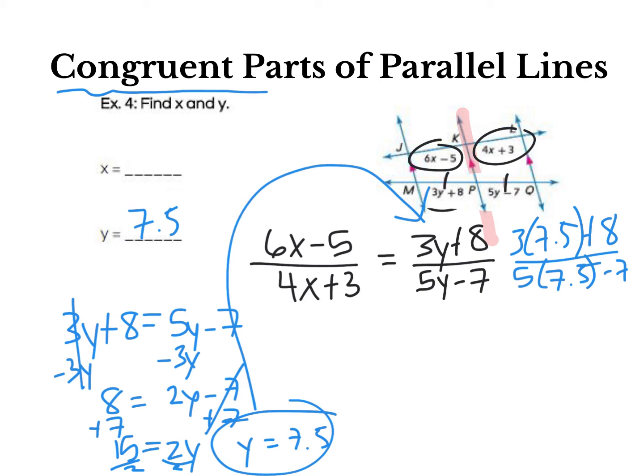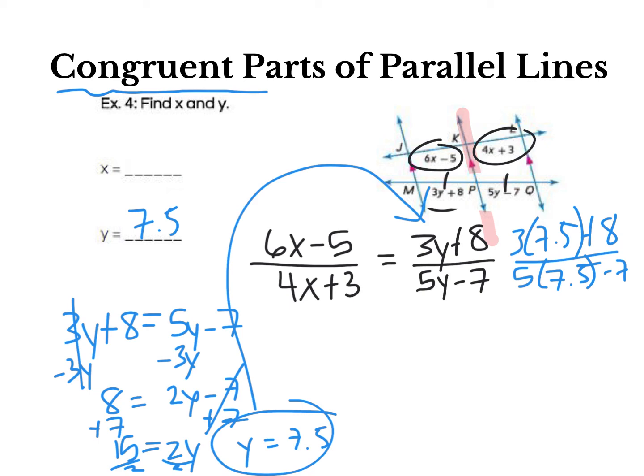So what happens when I plug it in is that I'm going to be left with, let's see, 30.5, I believe. 3 times 7.5 equals 22.5, plus 8 is 30.5.